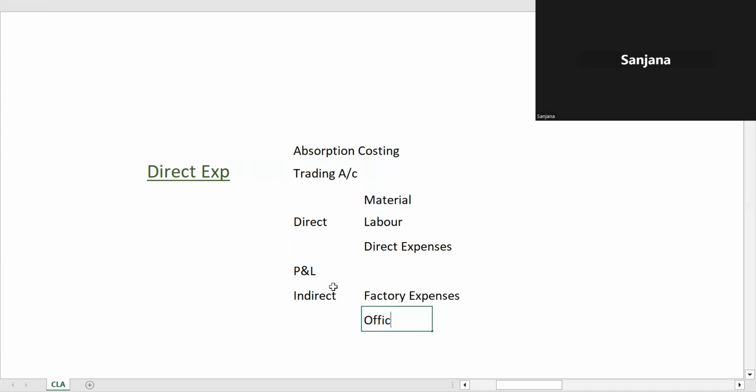ऑफिस एक्सपेंसेस कम अंडर P&L, ठीक है. सेलिंग एंड डिस्ट्रीब्यूशन कम अंडर P&L, ठीक है. सो राइट, तो इसमें से भी कुछ होते हैं. ये जो प्योर डेफिनेशन क्या देखता है, जो जो मटेरियल हमारा, जो प्रोडक्ट हम बना रहे हैं, द प्रोडक्ट विच वी आर मैन्युफैक्चरिंग, ओके, any of these expenses which is directly related to the product, you can say that it has not been incurred for many products.